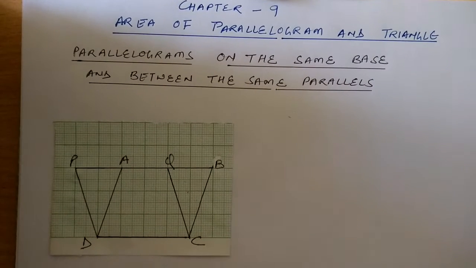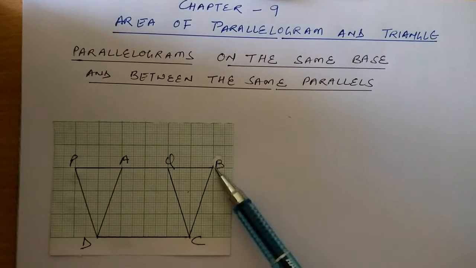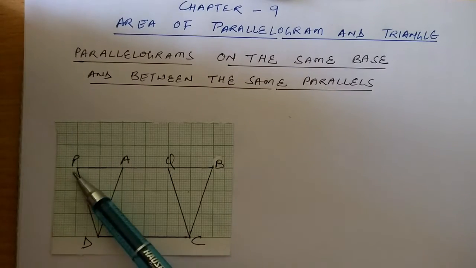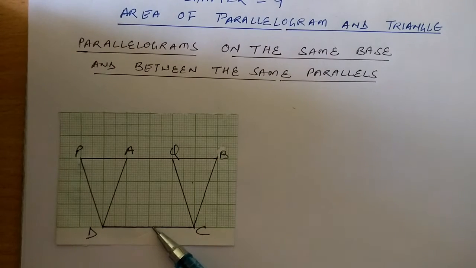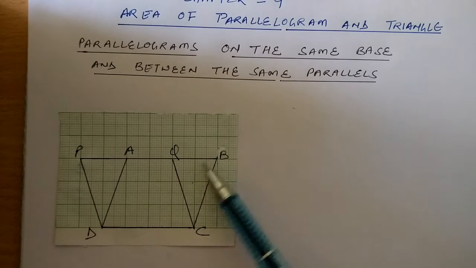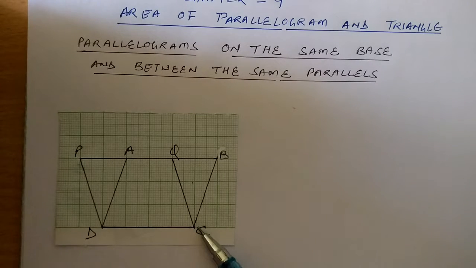As you can see in the diagram, we have ABCD and PQCD. They are on the same base DC, and between the parallel lines PB and DC.